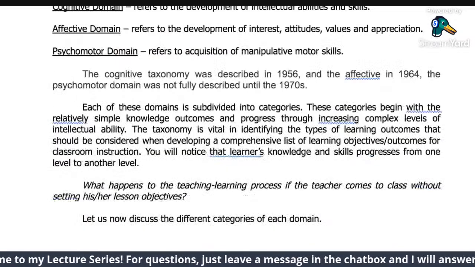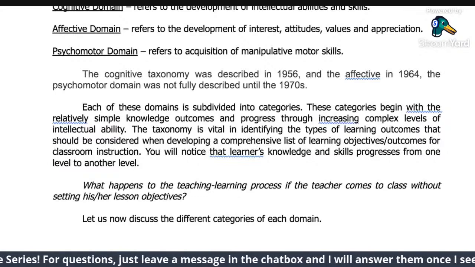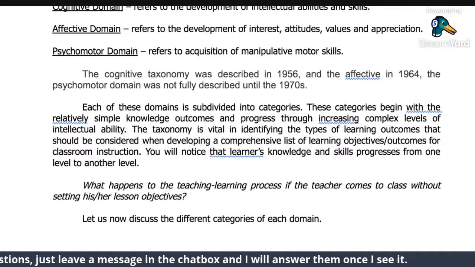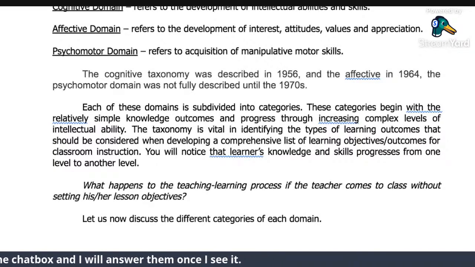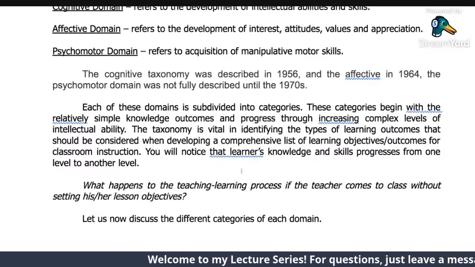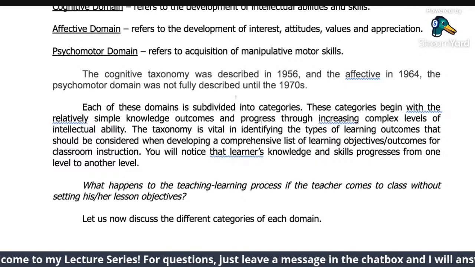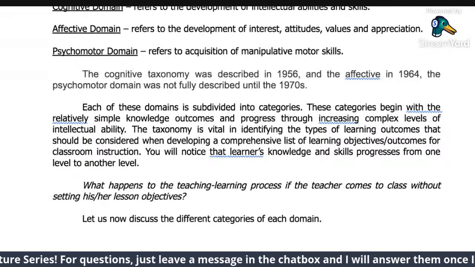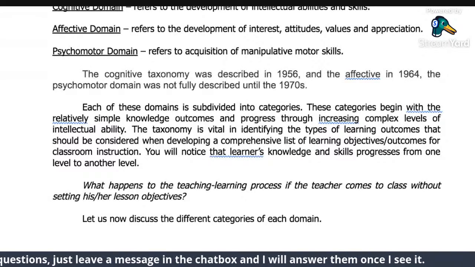So each of these domains is subdivided into categories. So may mga levels ito. Okay? Meron tayong levels of cognitive domain, levels of affective domain, levels of psychomotor domain. So there are levels. Each of these domains is subdivided into categories, and these categories begin with the relatively simple knowledge outcomes and progress through increasingly complex levels of intellectual ability.